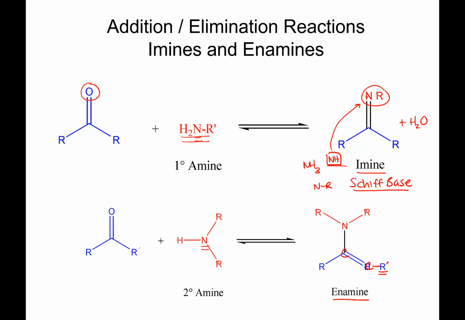Let me put a prime over here because basically that's the R prime. Notice the double bond is in a different position. So depending on whether it's primary or secondary, you'll get either an imine or Schiff base, or if it's secondary, you'll get an enamine.